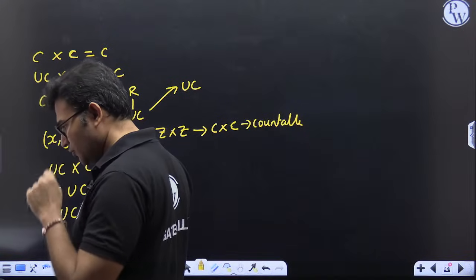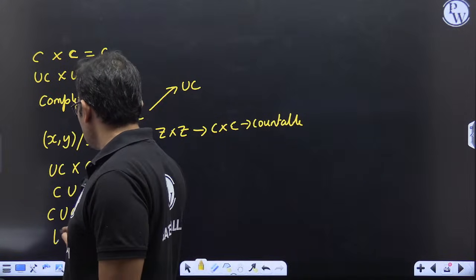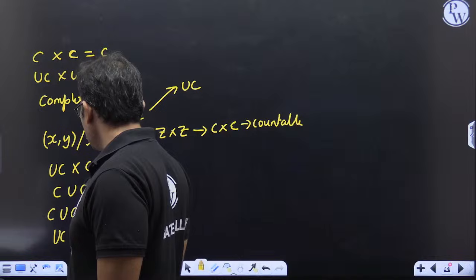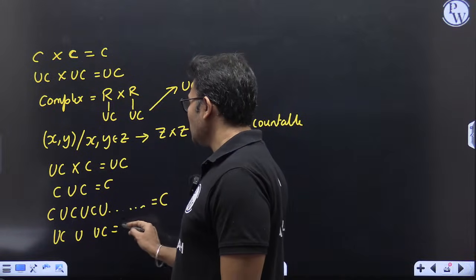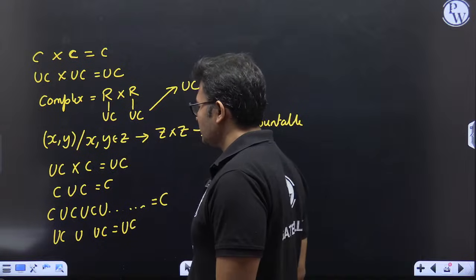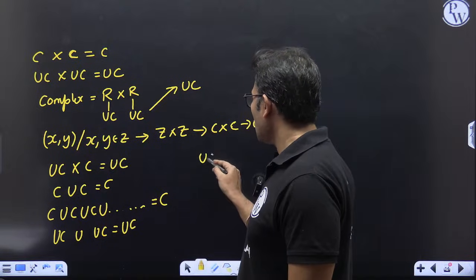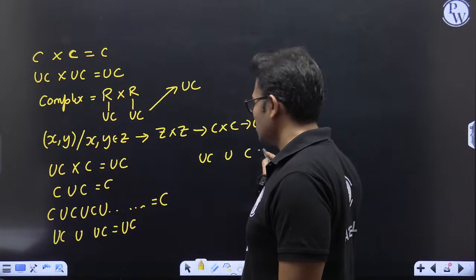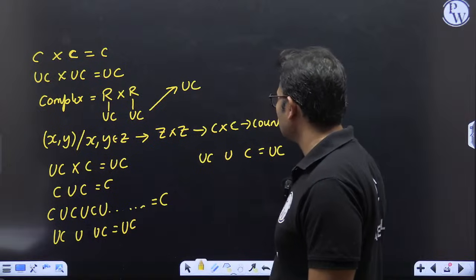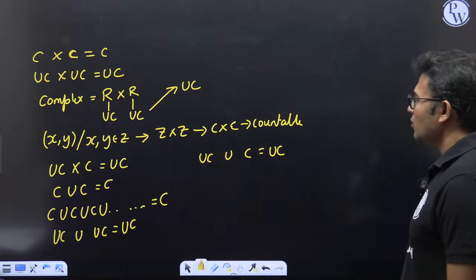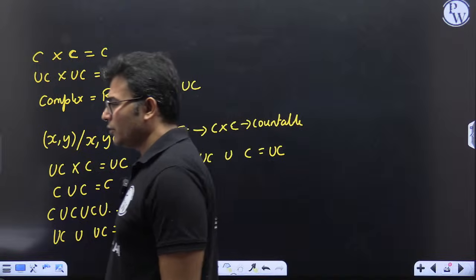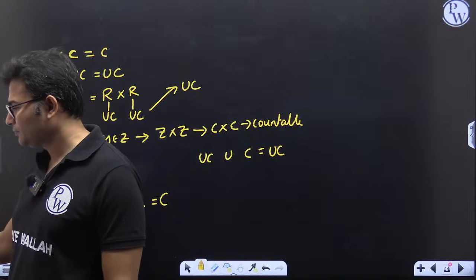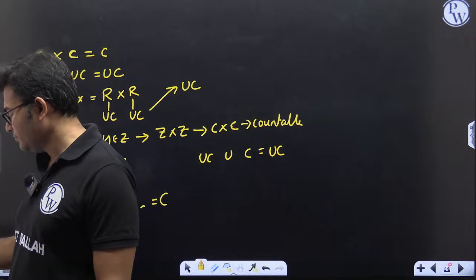Uncountable union uncountable, you are going to get uncountable. Uncountable union countable, you are going to get uncountable.